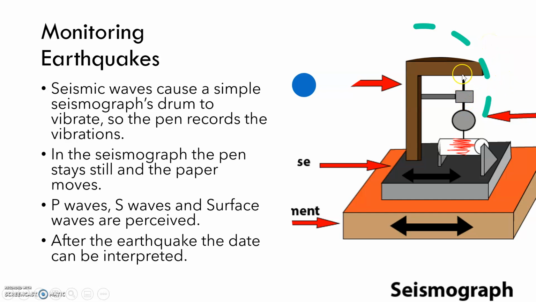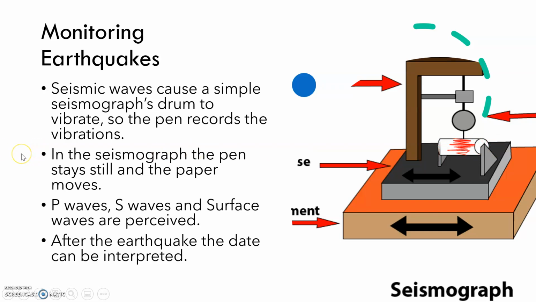Just like you can notice right here, there is a kind of pen, and of course we have a base right over here with some paper. So basically, this is going to start to vibrate, and depending on how much it has moved, the information will be interpreted from the paper that we have right over here.